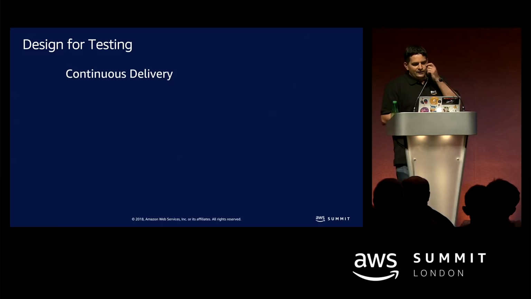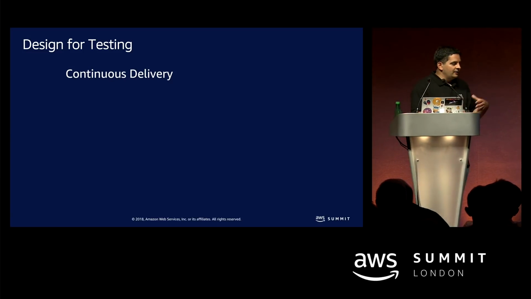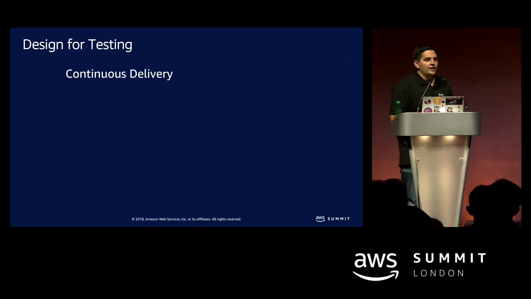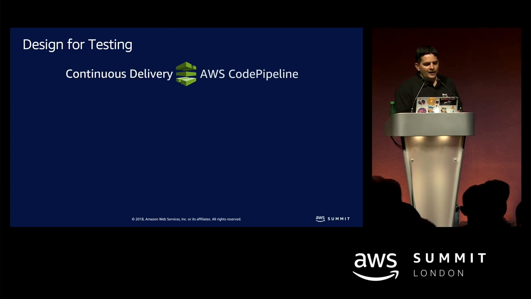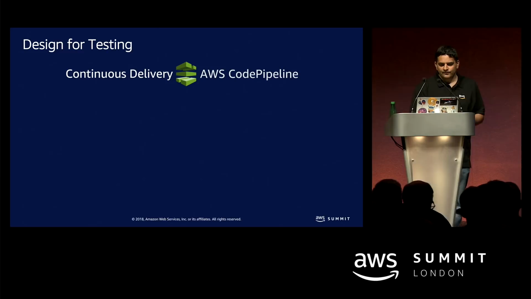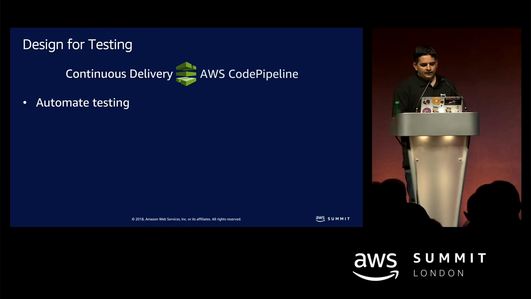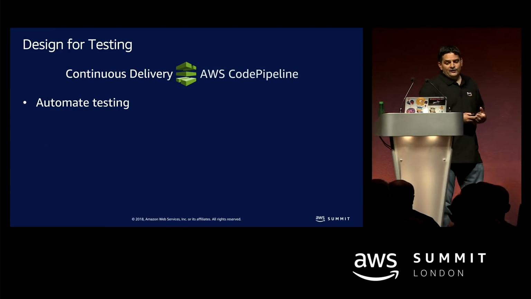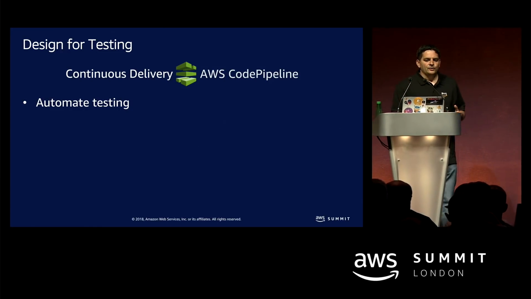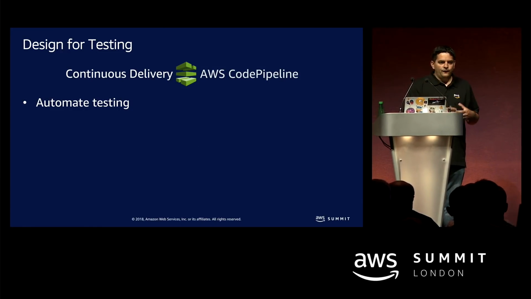So you should use continuous delivery to quickly enable you to deploy your workloads, but also automate your testing as well. And you can use CodePipeline to do this. If you automate your testing, along with some of these other tools, it allows you to fully automate your complete pipeline.